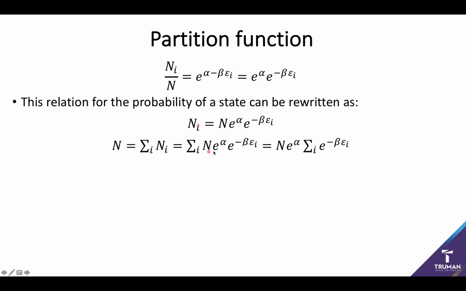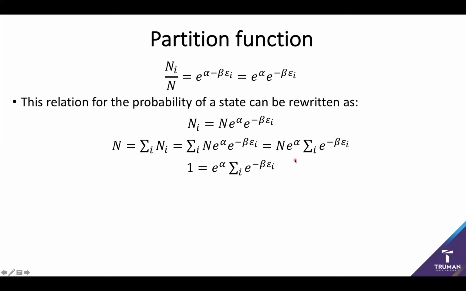We know that the total number of particles and our e to the alpha should be constant, so that I should be able to pull them out in front of the sum with respect to states. So from here, what we can notice is that I've got N on the left side and N on the right side.